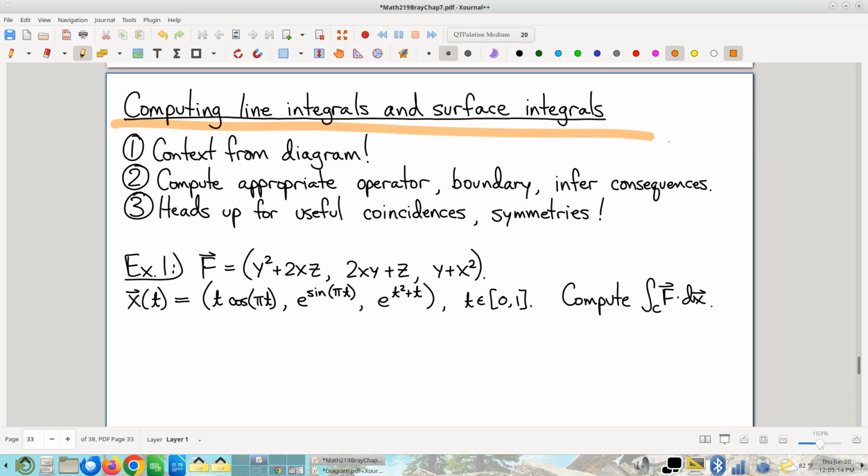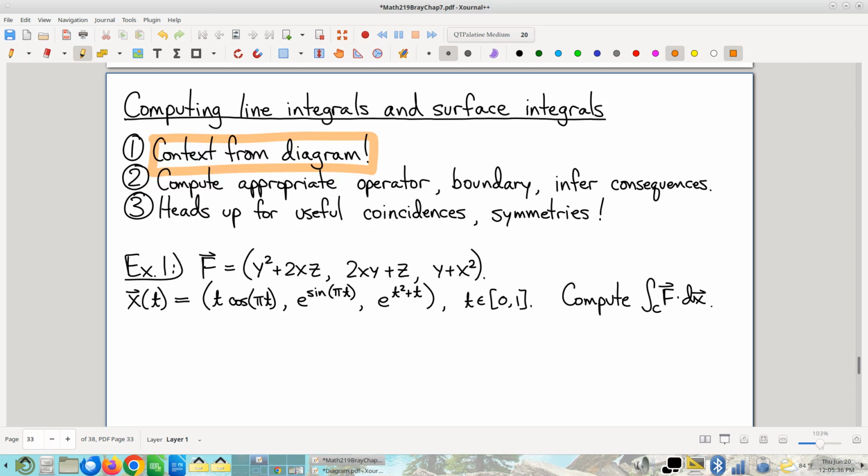Anyway. Okay, so step 1, when you're going to compute one of these integrals, if you've been asked to compute a line integral or a surface integral, first, identify your context. Where are we? What kind of an integral have we been asked to compute? First of all, was it in 2 dimensions or 3 dimensions? Pay attention, notice, right?